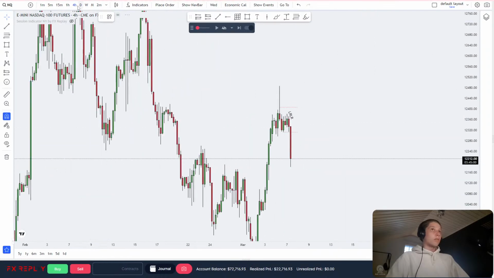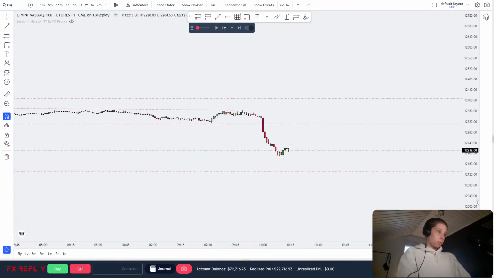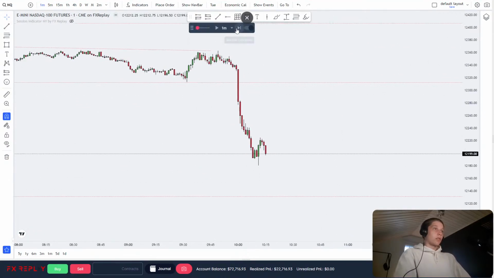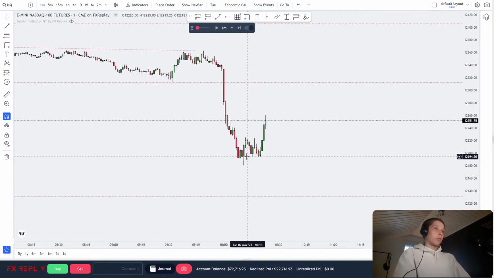And I would rather see market take out this gap there.